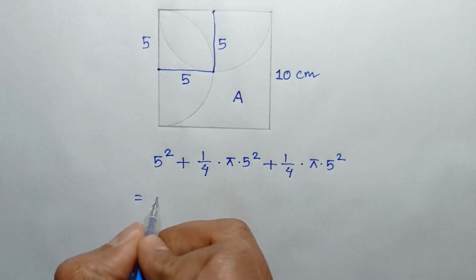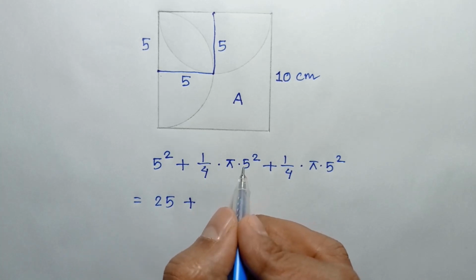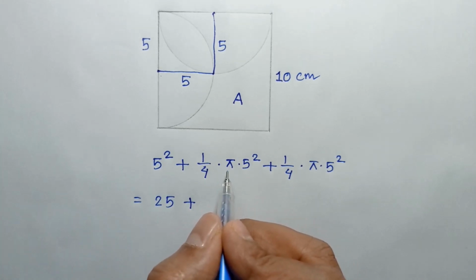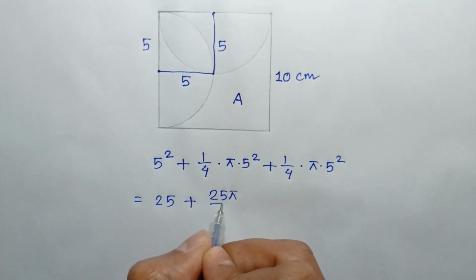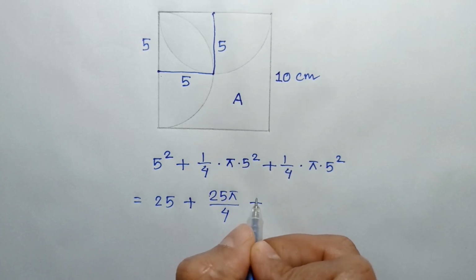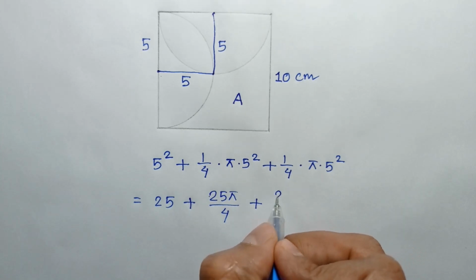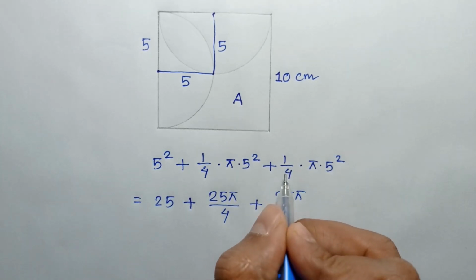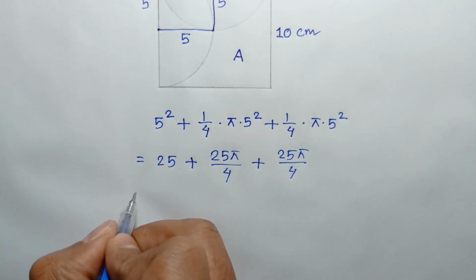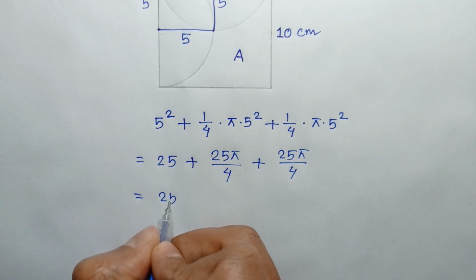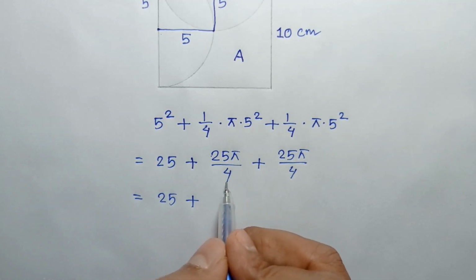So this is 5 square is 25 plus 25 pi over 4 plus this is also 25 pi over 4, which is equal to 25 plus 2 times 25 pi over 4.